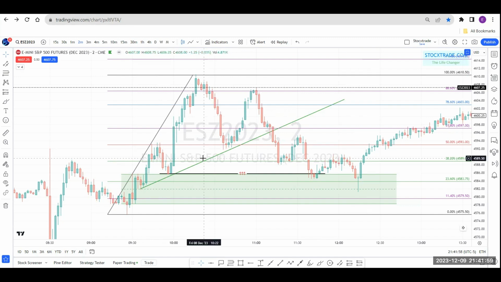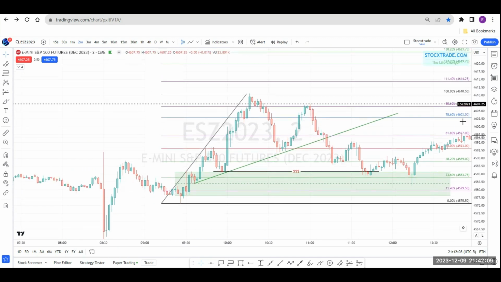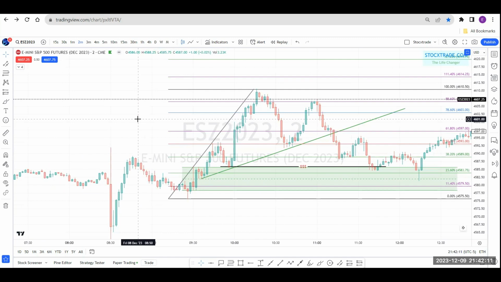Actually, what I do, sometimes after two or three months, I usually do this type of session. Before that, I was doing the same thing, just showing how this EMA works, how this VWAP works. But after that, what happened? I lost in all those things.